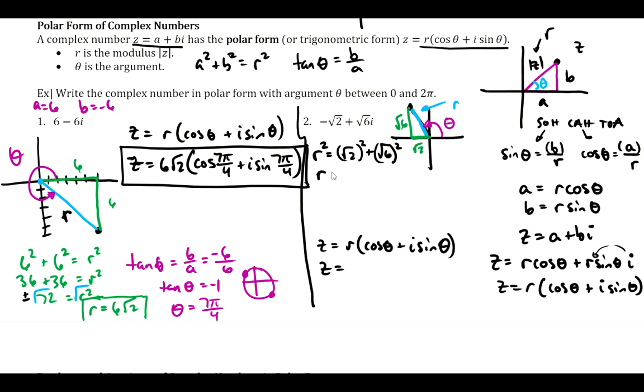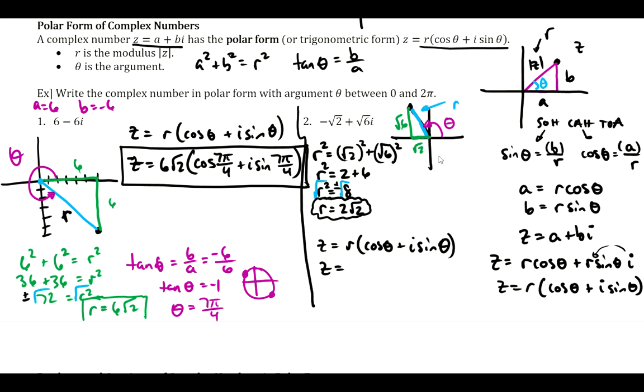Okay, and then when we do, radical 2 squared is 2 plus radical 6 squared is 6. So r squared is 2 plus 6, which means r squared is 8. And then we can finish this one off. If we square root both sides, we're going to get r is 2 radical 2. Again, I can put the plus minus, but we would want the positive r in this problem. Okay, so that part's ready.